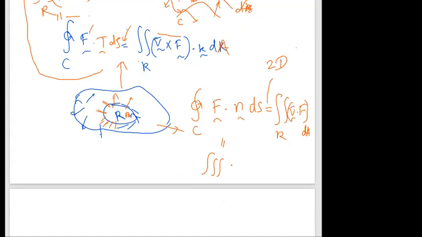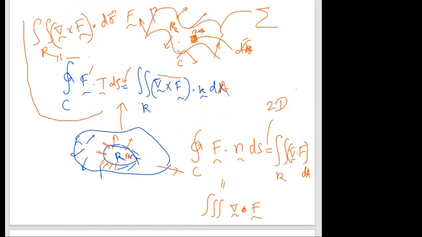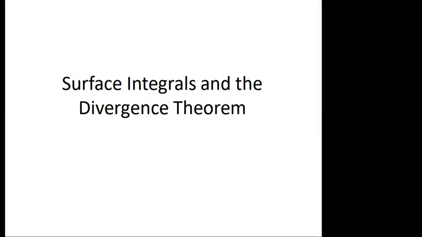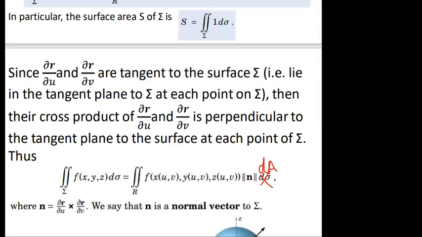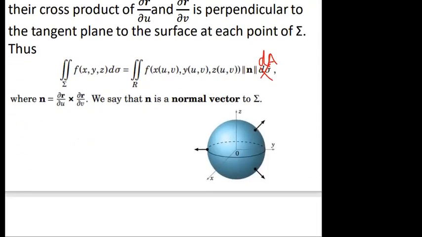Add up all the local divergence throughout. To use the divergence theorem, the surface should be closed, I think.